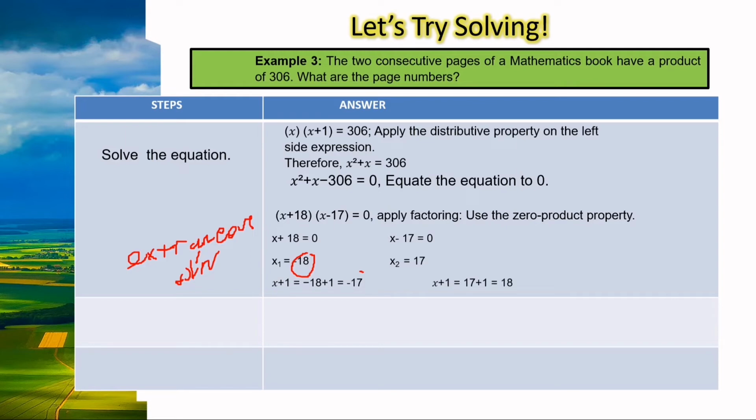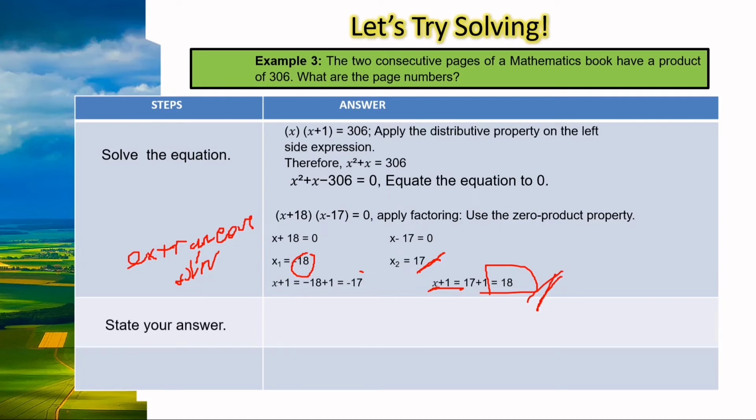So we can only take here 17 as our first value. To get the second number or the second page number, we simply substitute 17 to the expression x plus 1. So x plus 1, that is 17 plus 1 is equal to 18. So this is now the second page. We have the pages 17 and 18.